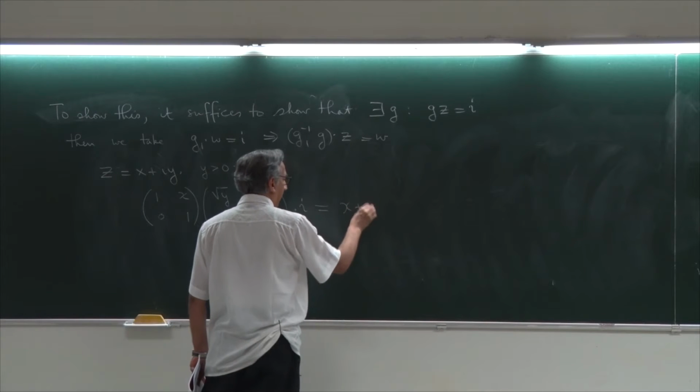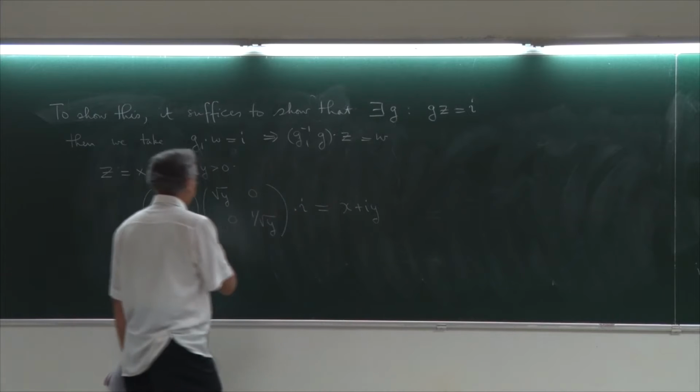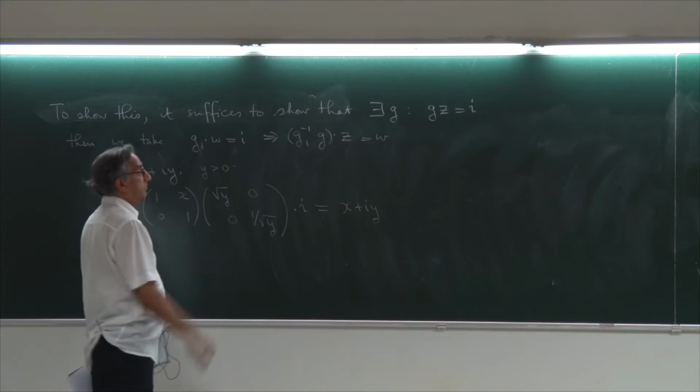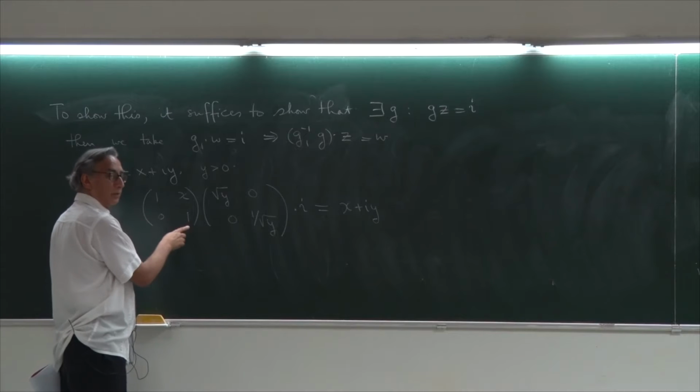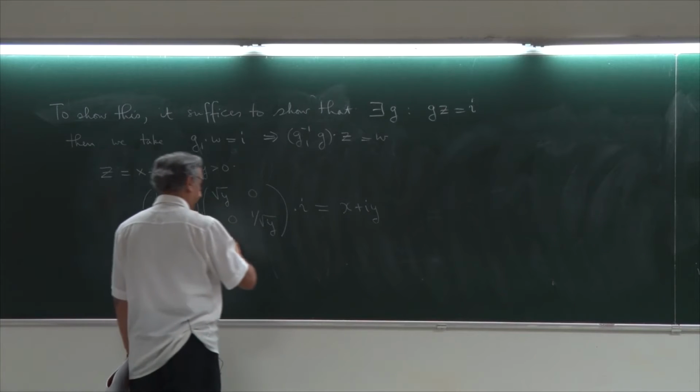So I've managed to show that there's an element taking I to my prescribed point, and both these elements are inside PSL2R.